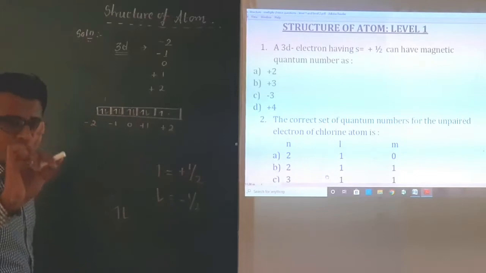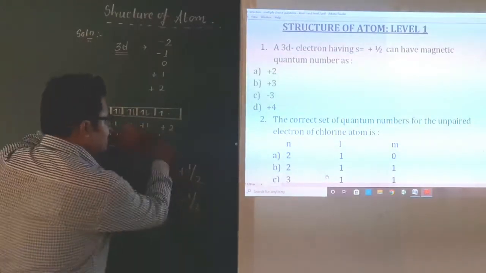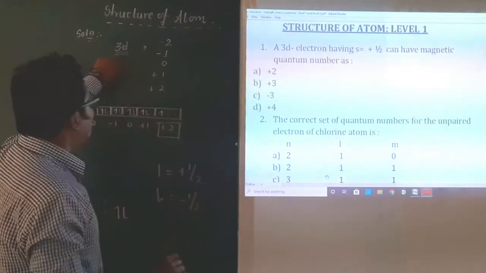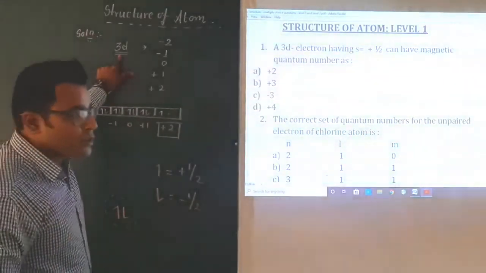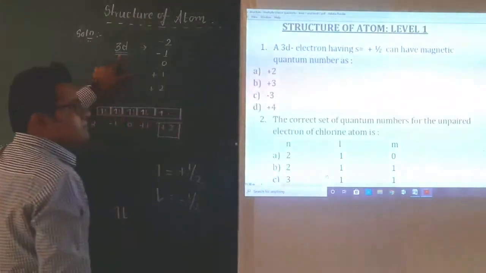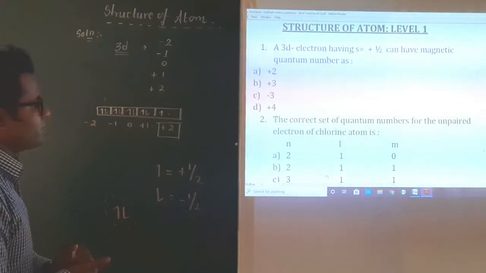So I can have only one electron with plus half in the +2 orbital of the 3d subshell. So the answer here is +2. Quite one particular answer, and that is for +2.